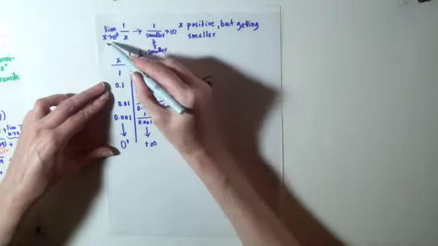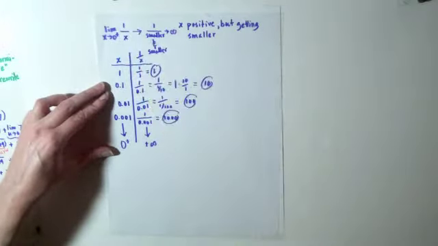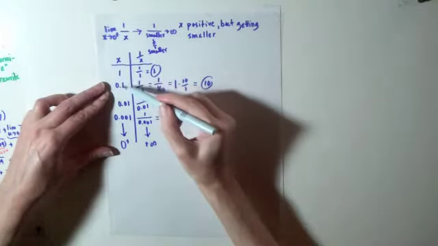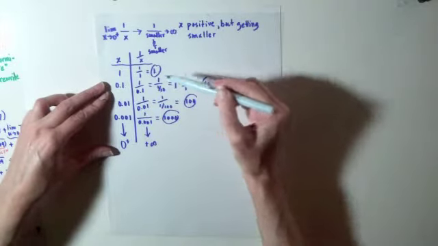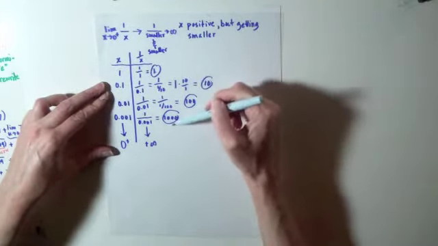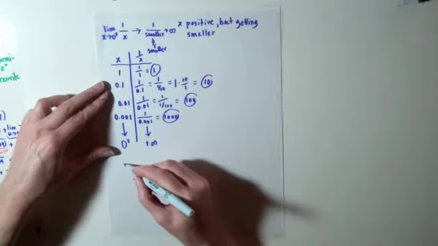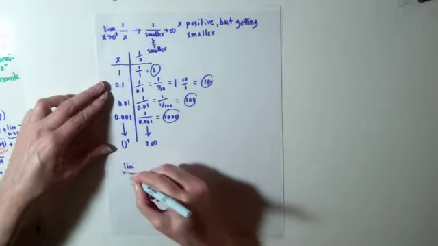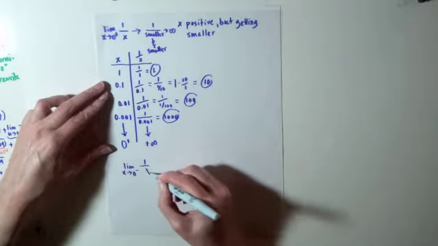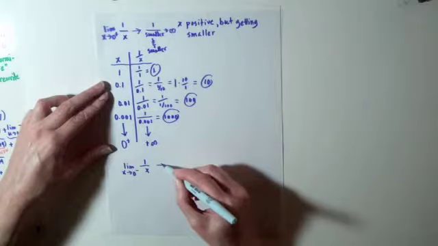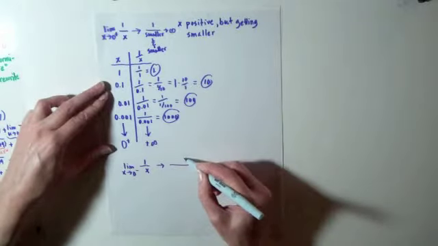If we allowed x to approach 0 from the left, it would be a similar kind of situation, except that these inputs here would all be negative, and that means that the outputs would all be negative. So you might check yourself that if we were doing the limit as x approaches 0 from the left of 1 over x, well, the top would stay fixed at 1.